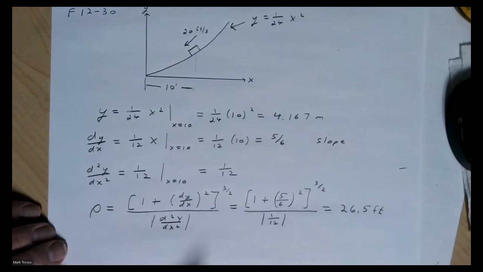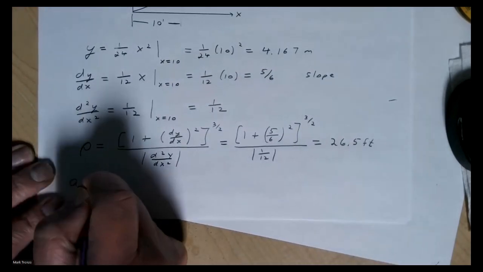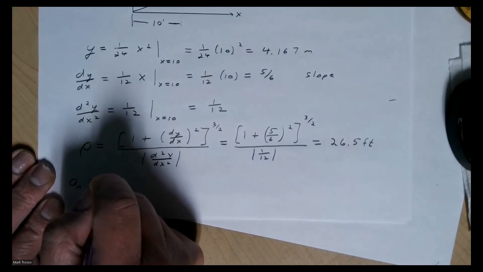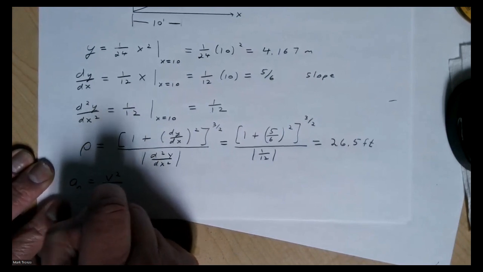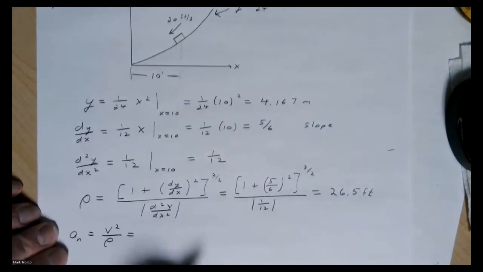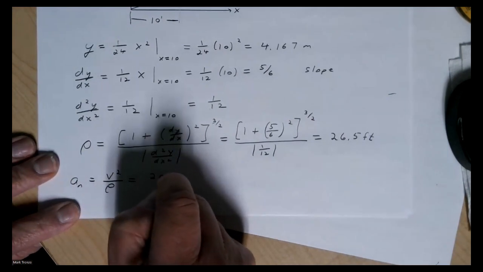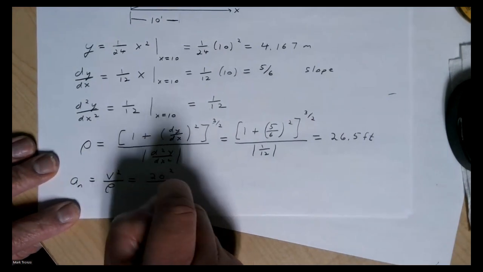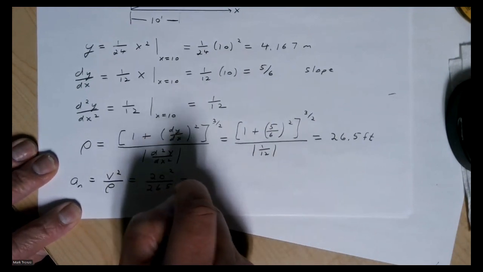Now we can calculate our normal acceleration. That's going to be, of course, our velocity squared over rho. We're told our velocity was 20 feet per second, squared, divided by 26.5.